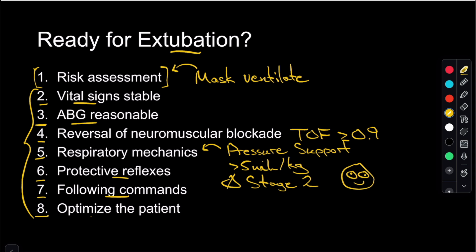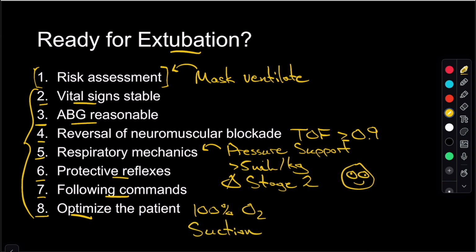And then optimizing the patient. So place them on 100% oxygen before extubating to try to increase the reserve in case something were to go haywire, and then place them in a slight reverse Trendelenburg position, where they're sitting upright a little bit, making sure that you have suction readily available.